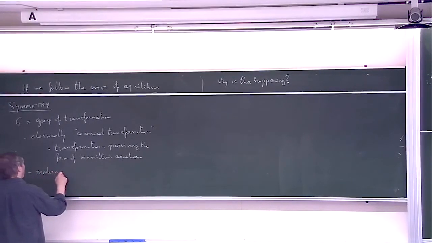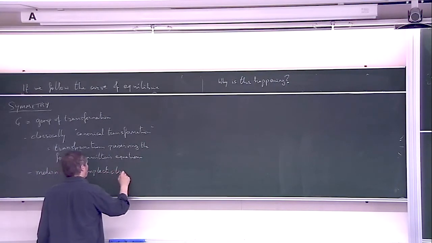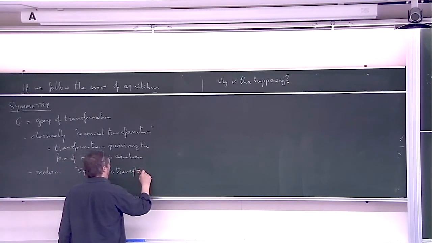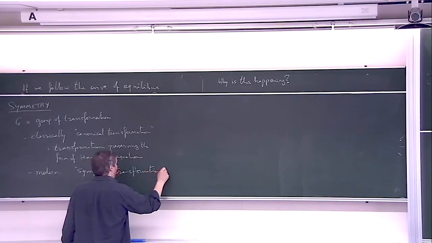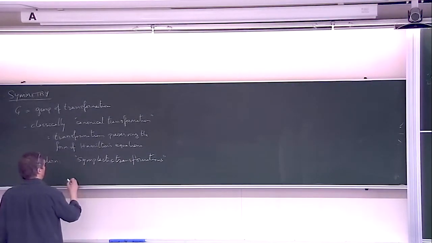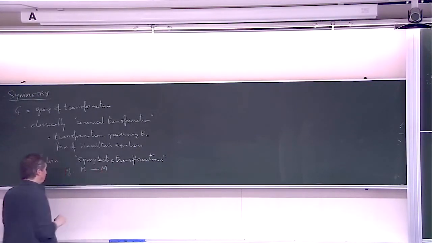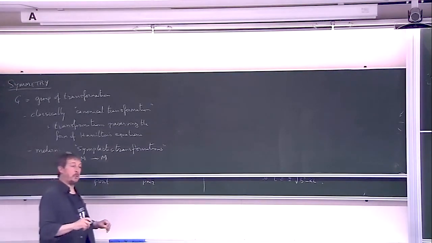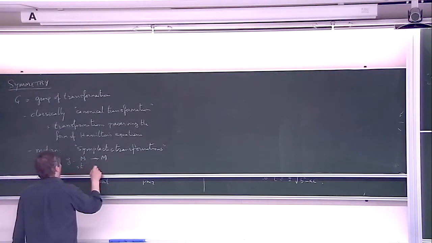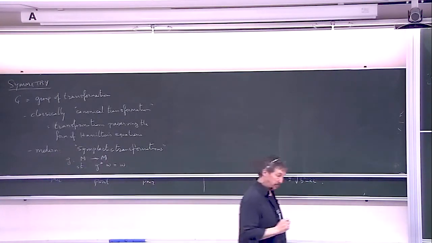Or in modern language, the symplectic transformations. G is some diffeomorphism of the manifold, such that it preserves the symplectic form.